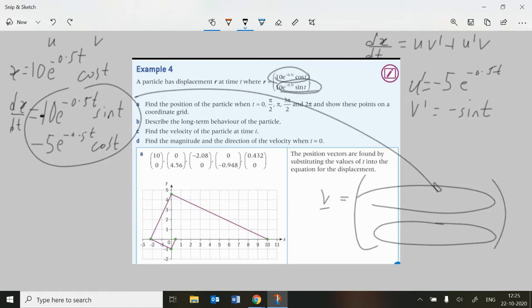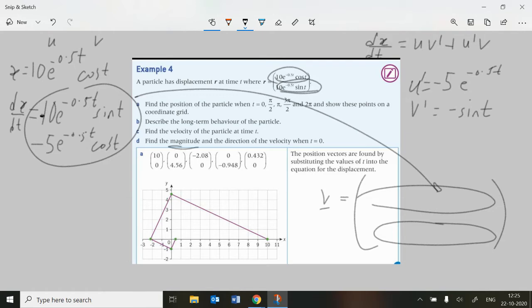That's no problem. Okay, and for part D, it says find the magnitude and direction of the velocity when t is 0. Okay, so obviously put t is equal to 0 into this, you'll get out a number, and put t is equal to 0 to whatever expression you get out here, and then you'll get a number there as well.